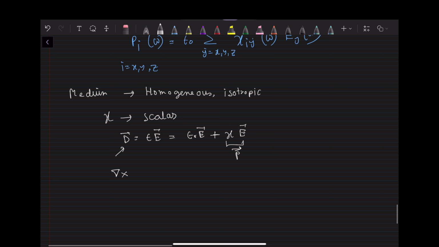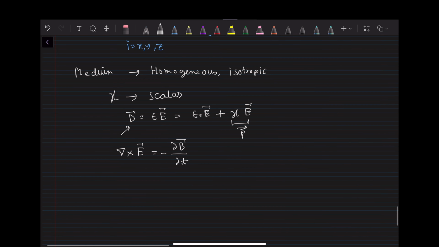So let's start with one of the Maxwell's equations. You can start from something else also and derive and arrive at the same solution.